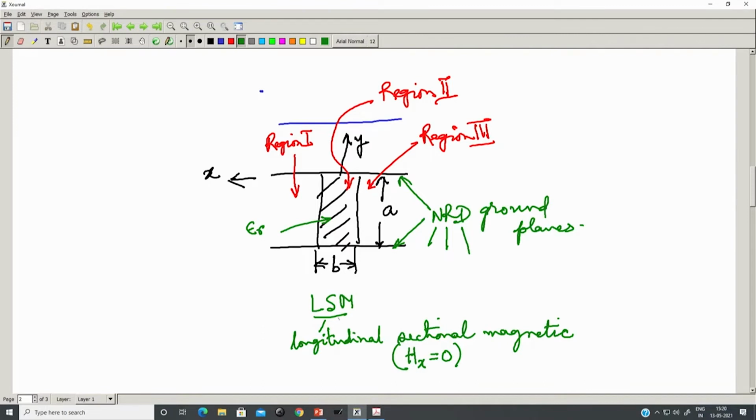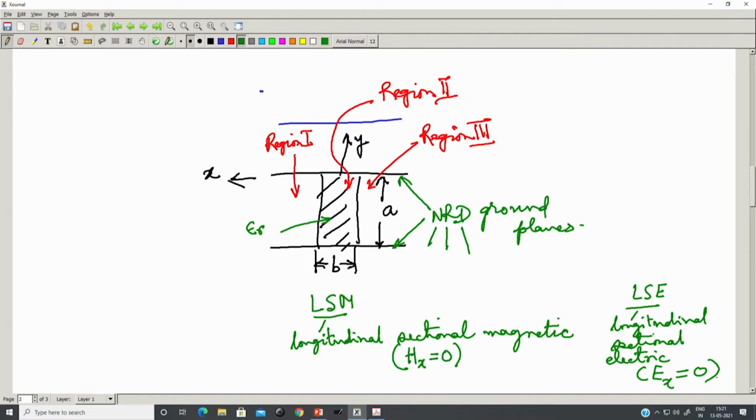Such a magnetic field is called longitudinal sectional magnetic, because it is along the longitudinal section of the NRD. The other kind of mode is the longitudinal sectional electric, which is characterized by the fact that E x, again the normal component of the electric field on the dielectric air interface, is 0.